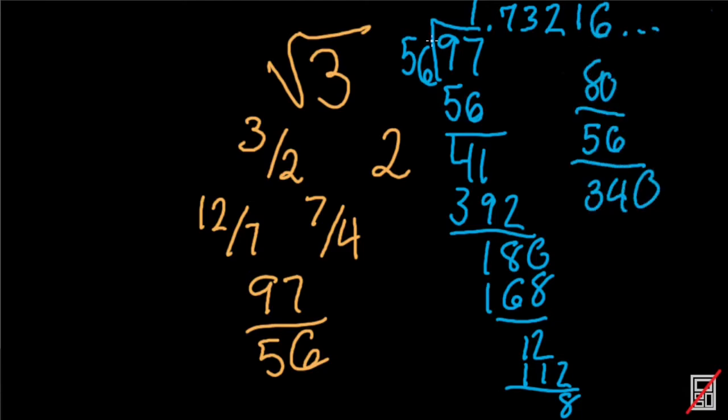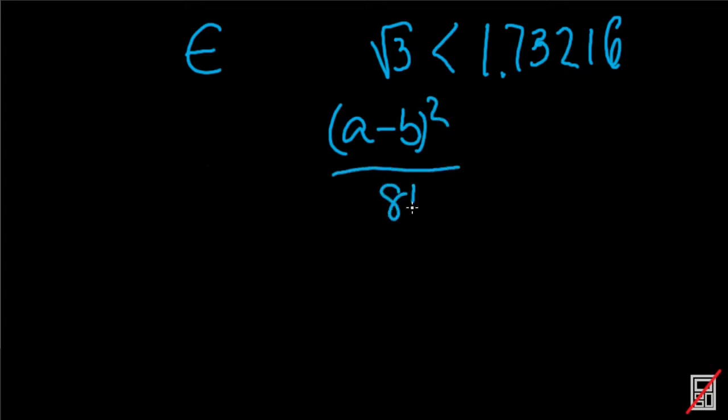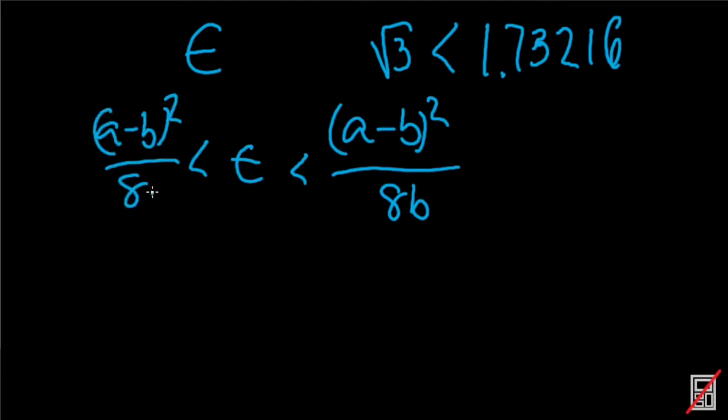We get 1.73216. So we have an upper bound of 1.73216. Now, what is our error term? So we know that (a minus b) squared over 8b is smaller than the error, which is smaller than (a minus b) squared over 8a. We had that a minus b was actually 1/28.